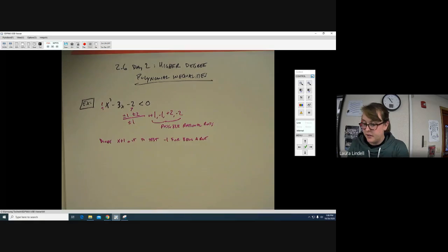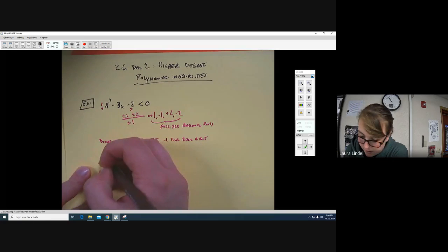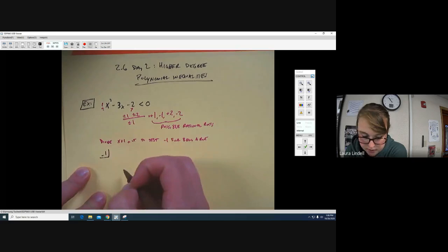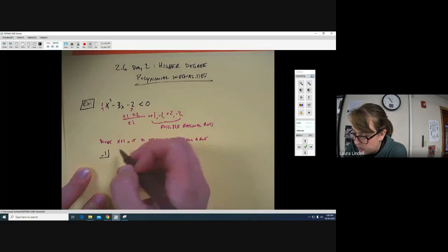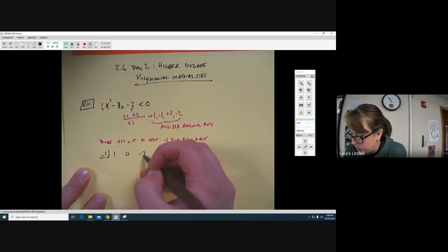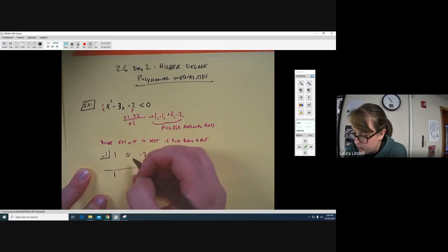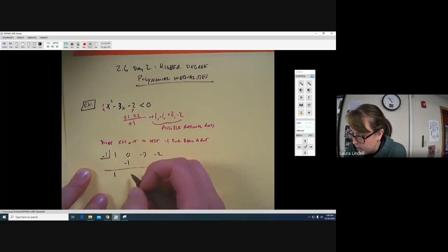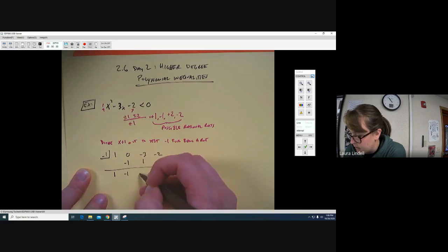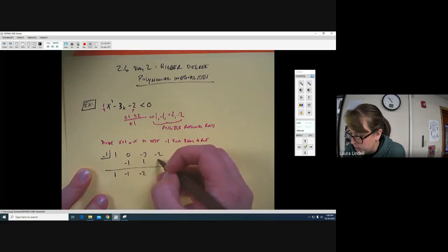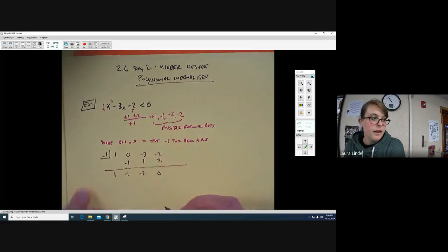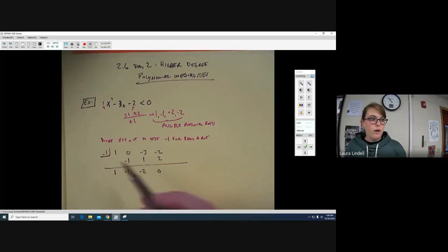To do that division, I would stick negative 1 in the box, and then my coefficients are 1, 0, negative 3, and negative 2. We'd bring down the 1, multiply, add, multiply, add, multiply, add, and what do you know? It's a root because this number is a 0. We don't have a remainder. So negative 1 is a zero.